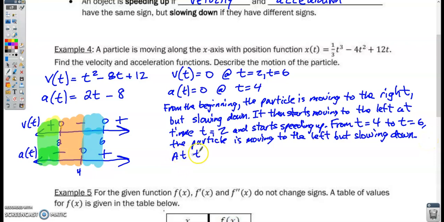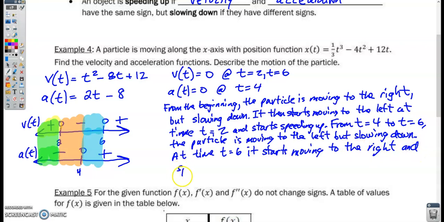At time 6, it starts moving to the right and speeding up. Moving to the right because velocity is positive. Speeding up because velocity and acceleration have the same sign. And there's my description of the motion of that particle based off of knowing its velocity and acceleration. It's a great description of the motion of the particle.